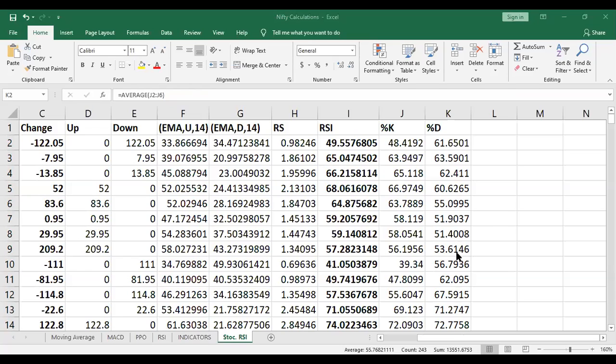Now, this strategy you can use, and it is very easy if you understand the RSI.